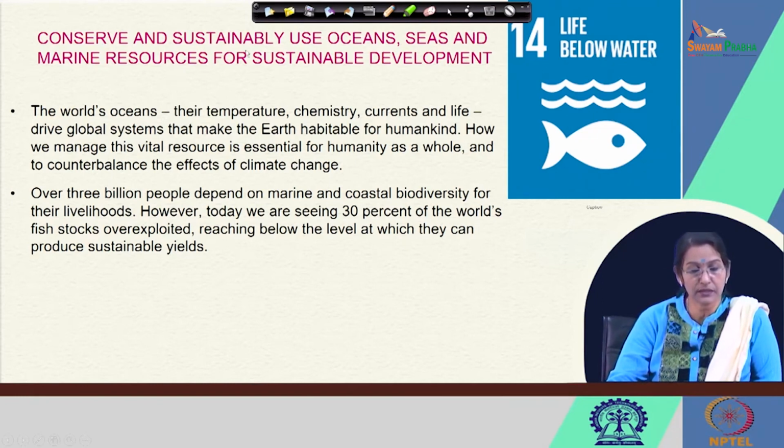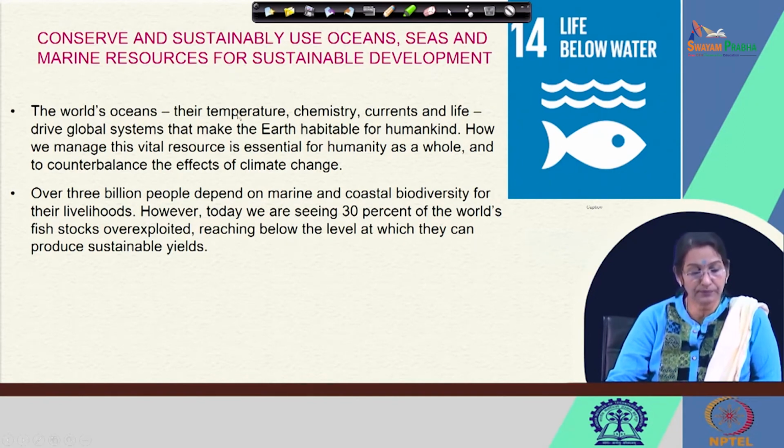So, conserve and sustainably use the ocean, seas and marine resources, our natural biological resources like marine life living below water. We have to take care of our marine products, the marine resources for sustainable development.